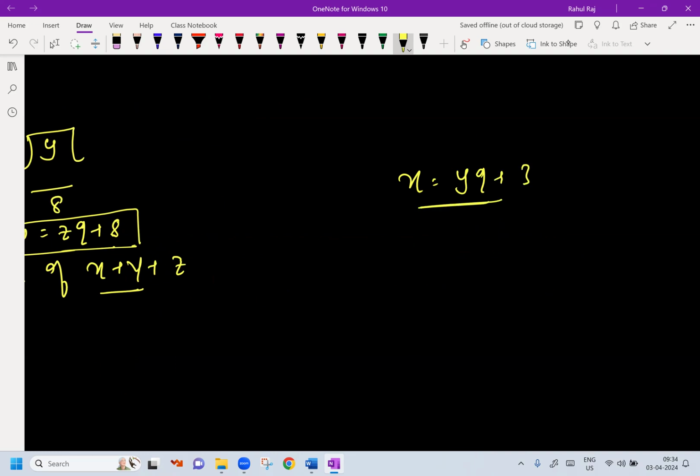I've told you X, Y, Z are all positive integers. What is the minimum value of X from here? This should be 0, because if you put 1, then you will have X as 4. I mean, I guess so. I thought it was 1.